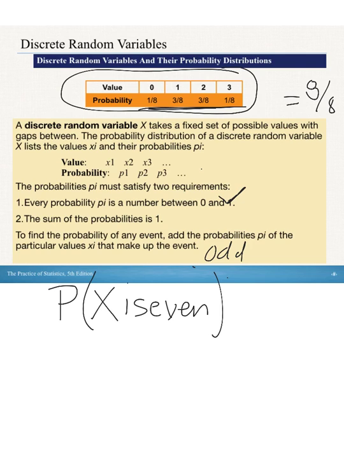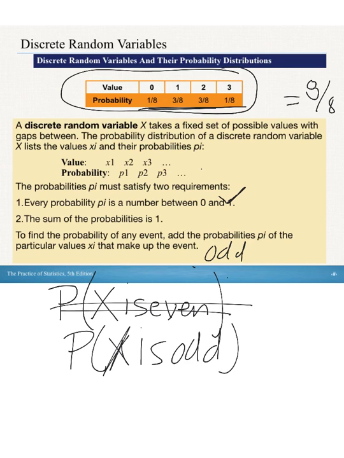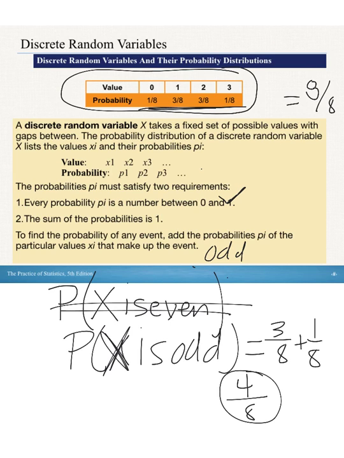The probability that X is odd, once again, big X, is going to be the probability of 1, which is 3/8, and the probability of a 3, which is 1/8. So you have a 4/8 chance of landing on an odd number of heads.